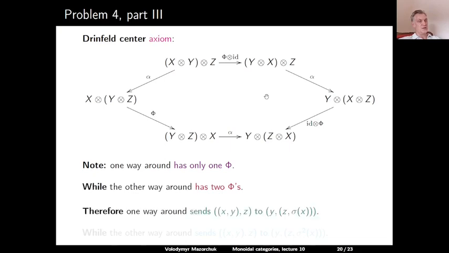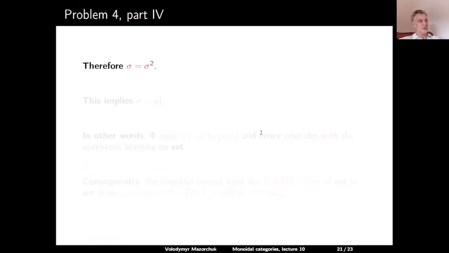So if we start from a particular element (x, y, z), one way around will send it to (y, z, sigma of x), while the other way around will send it to (y, z, sigma squared of x). Since this diagram must commute, we get that sigma should be equal to sigma squared. This implies that sigma is the identity map on x.